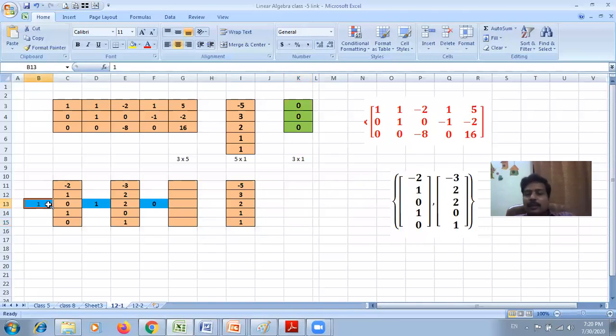Any linear combination of these two vectors, for example, I can multiply this by 5 and this by -7. This is another linear combination. I will get another vector. If I multiply this matrix A with this vector, I am getting the zero vector.